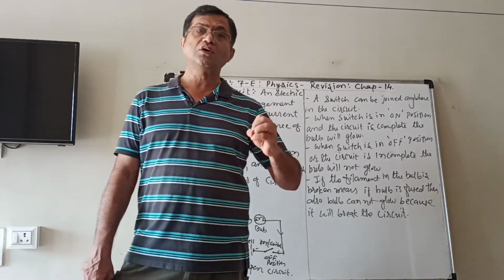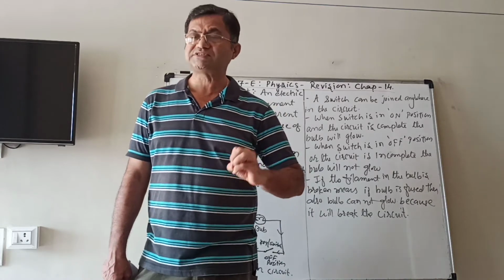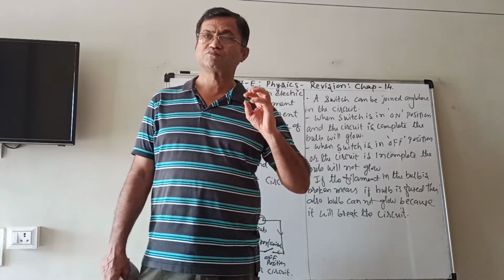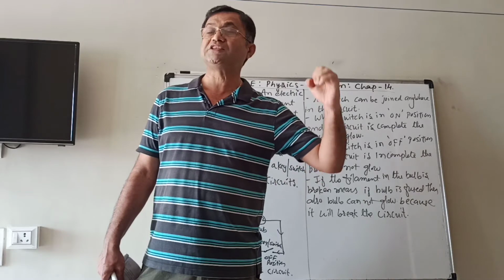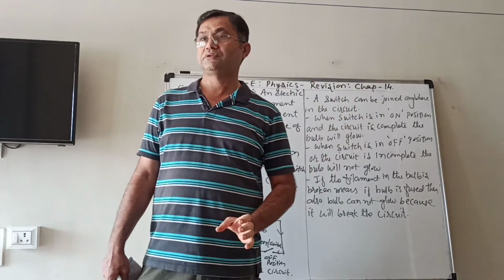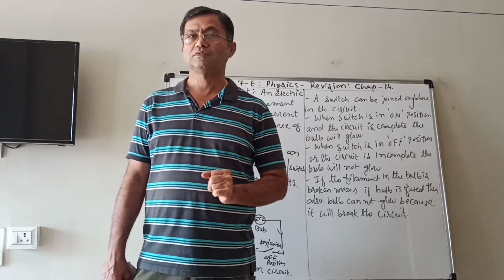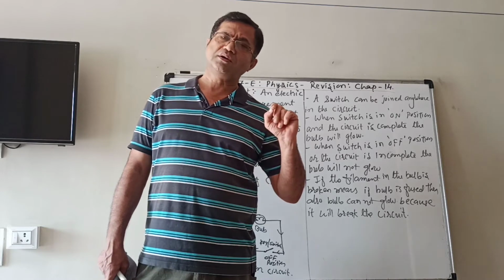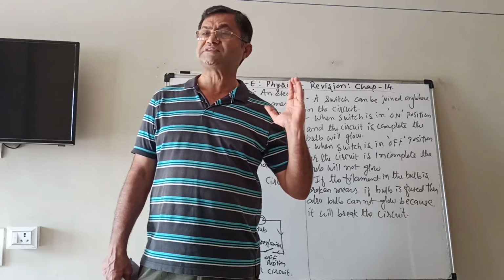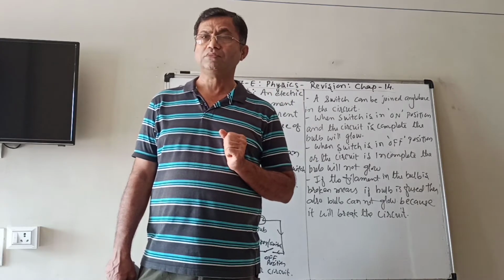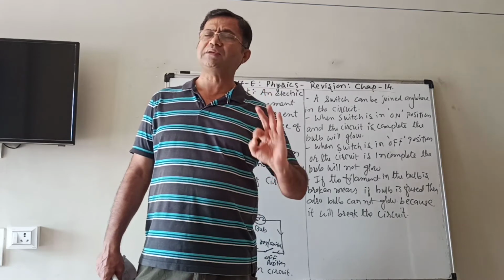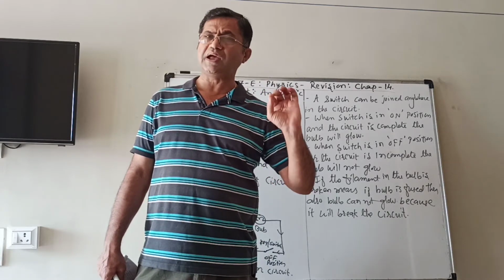So there is no correct position, no special position, that you must join the switch at. Sometimes this type of question is asked in MCQ. So the switch can be arranged anywhere.